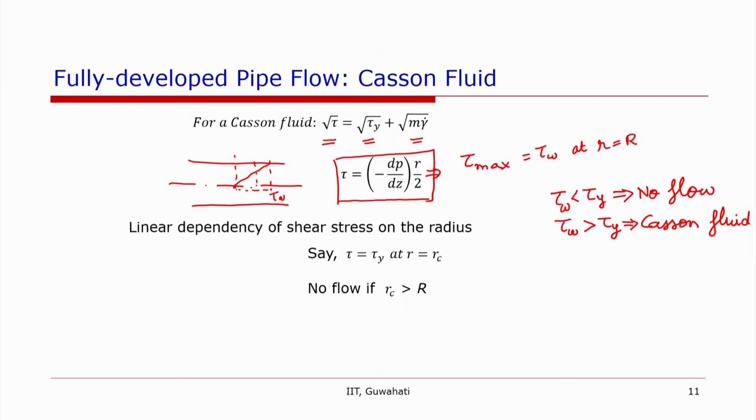Now somewhere in between this will be equal to tau y. Let us say this radius as RC.